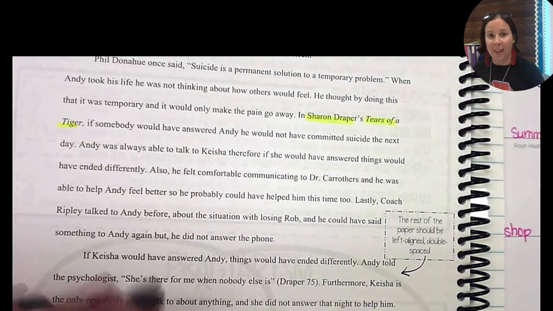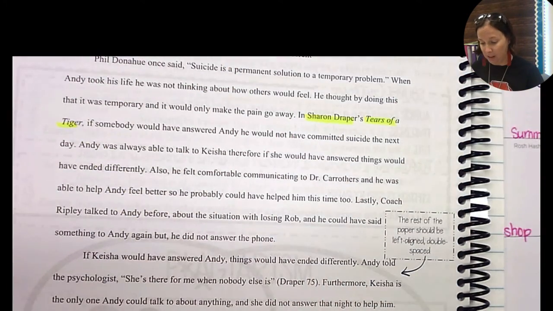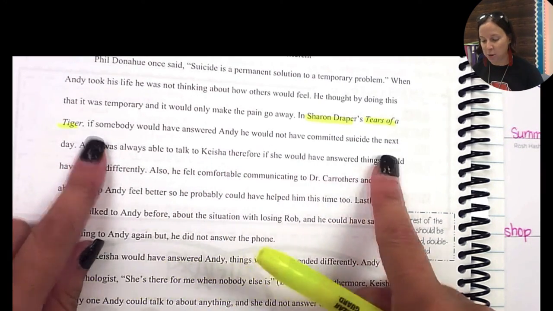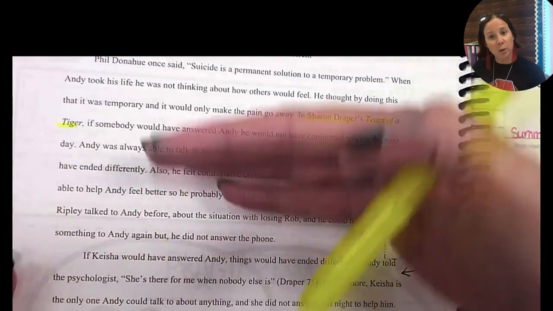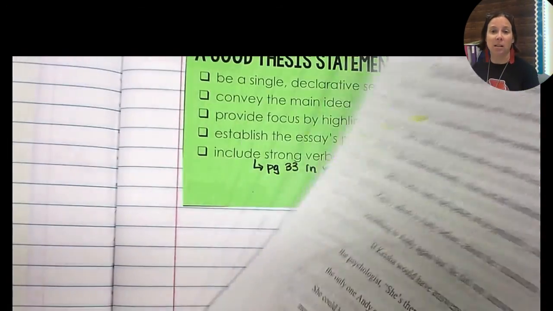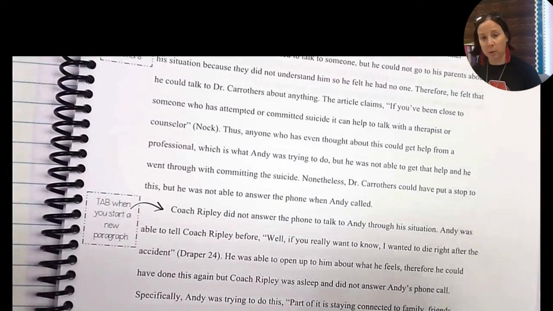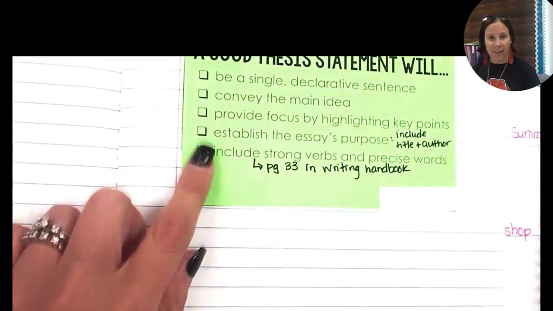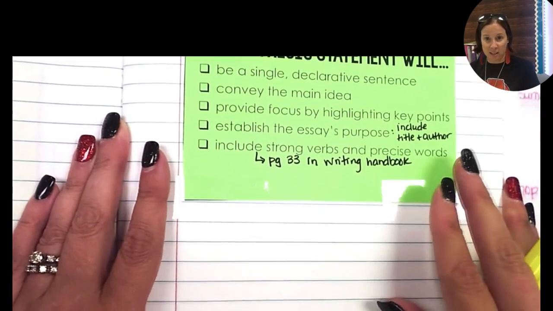Then tell me what you're going to prove to me. If someone would have answered Andy, he would not have committed suicide the next day. And then if you read the rest of the essay, the person proves that if somebody would have answered the call, he would not have committed suicide. Those are all examples, and that's what makes a good thesis statement.